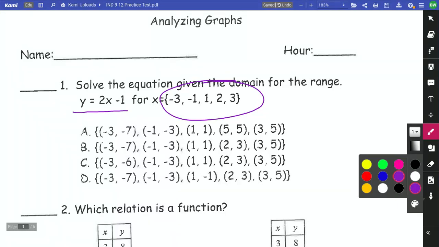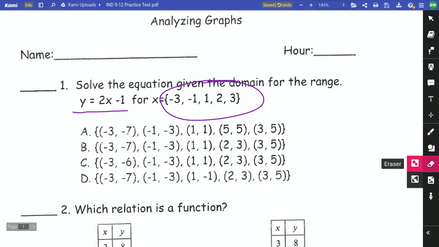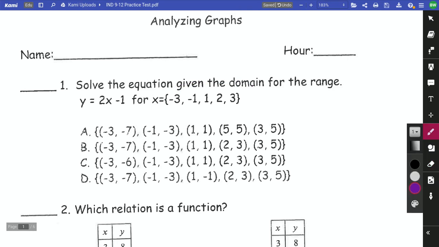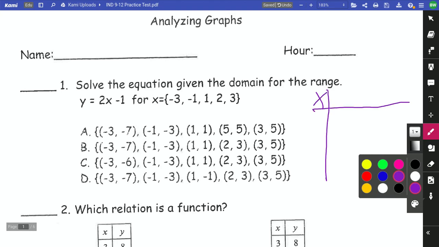Now, we could do this the old fashioned way and just make our table like we did, right? And write our rule, y equals 2x minus 1.